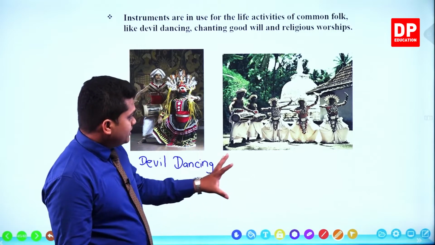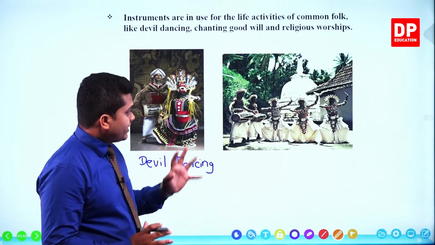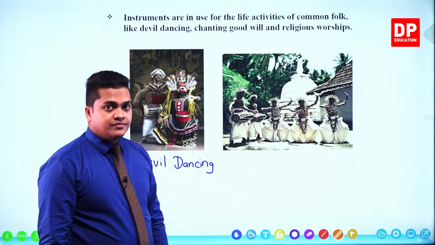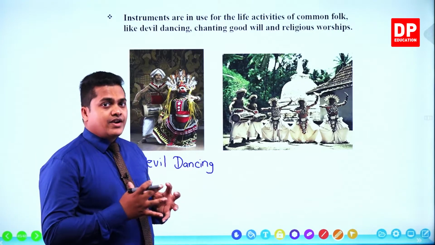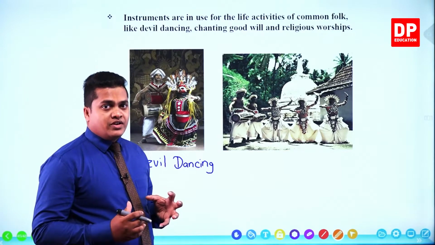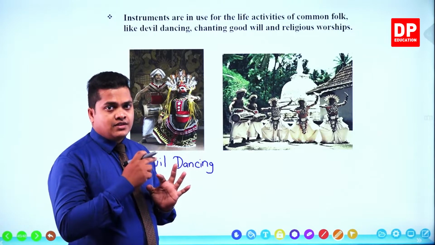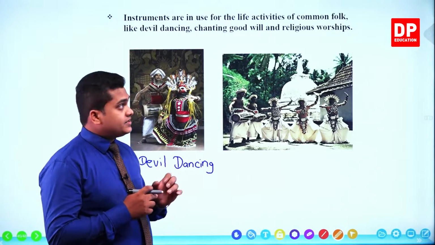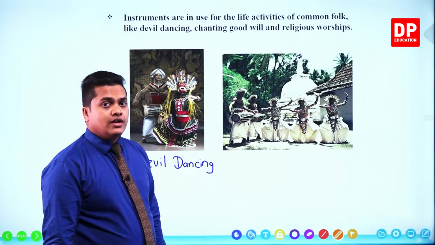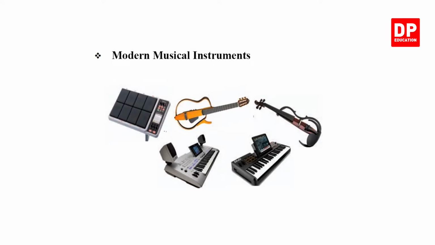So this is a traditional or religious festival where you can observe the traditional drums, right? So mostly we use these traditional and ancient musical instruments in cultural festivals, religious festivals or activities, and common folk activities and dramas.